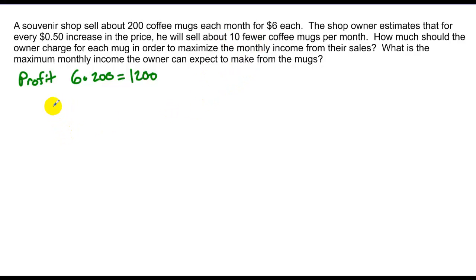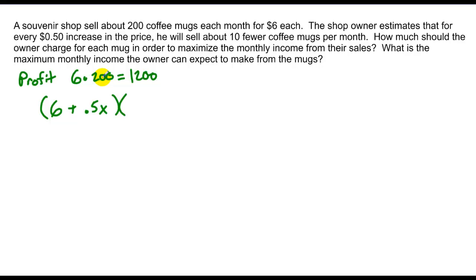So he's going to say, well, every time I increase 50 cents. So how do I increase 50 cents? I add 0.5, but he may increase it by $1 or $1.50. So every 50 cent increment is X times. And he knows that if I go up 50 cents, then I cut 10 off my number sold.